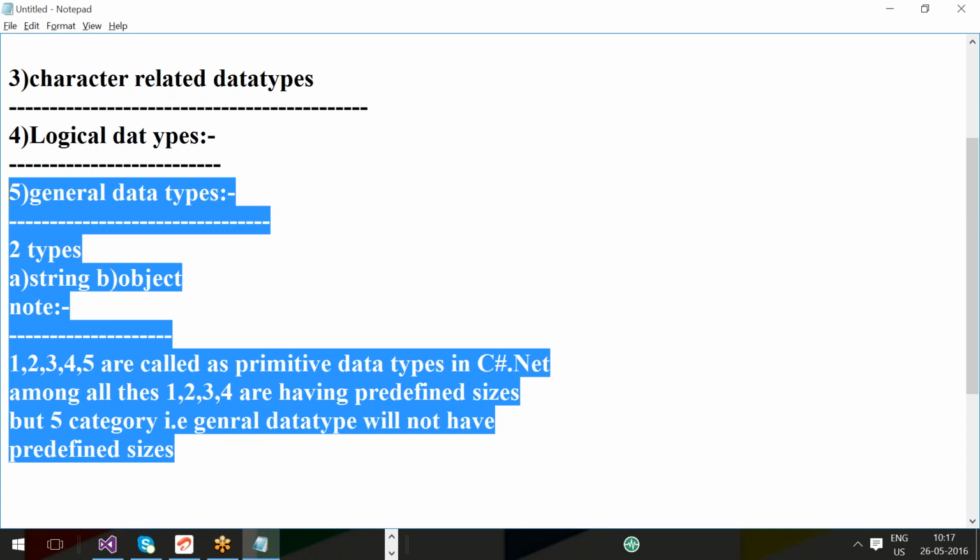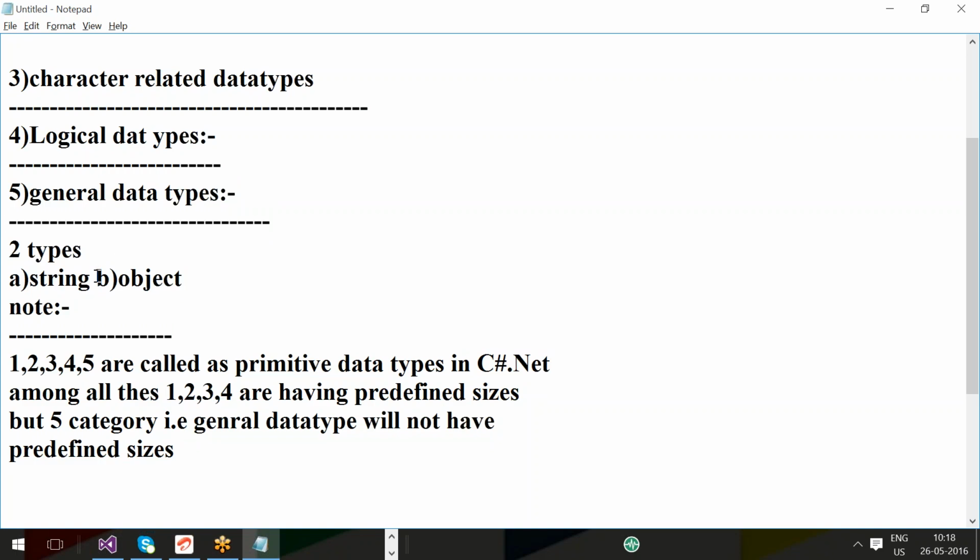Primitive means predefined by Microsoft. Among all these, 1, 2, 3, 4 have predefined sizes. But the fifth category, general data types, will not have any predefined sizes. Very good. Now coming to string and object.